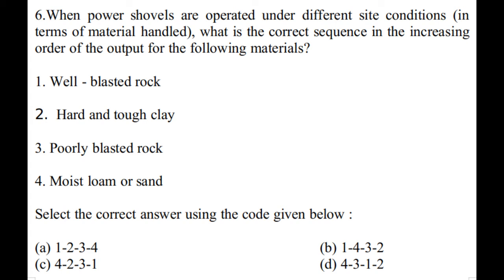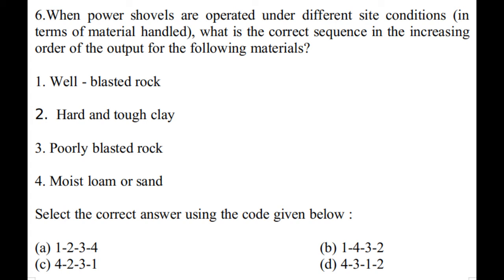So you can be sure that either well blasted rock or moist loam or sand would be the first option. Now if you decide which one will be the first option, it becomes easy for you to answer. So the first option is the moist loam or sand.